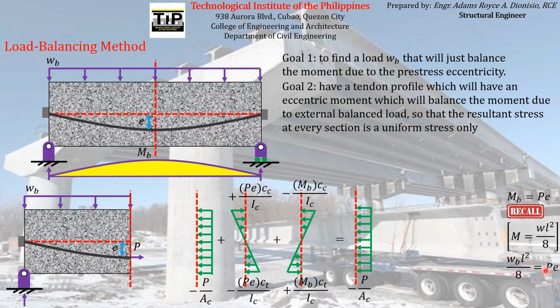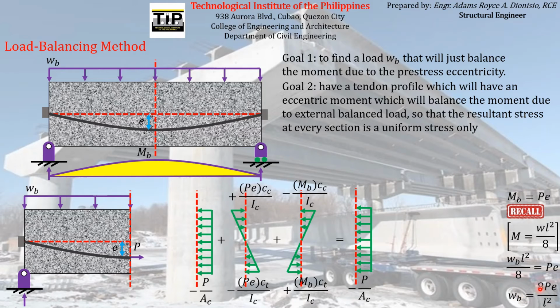If we express this equation in terms of WB, we can find the magnitude of the balance load that we have to apply on this concrete element so that the eccentric moment due to the eccentricity of the pre-stressing force will be balanced by the bending moments produced by that balance load. So we can find the magnitude of that balance load by using this formula here.